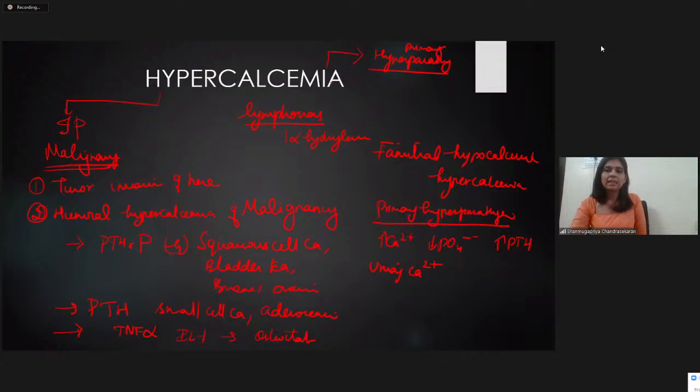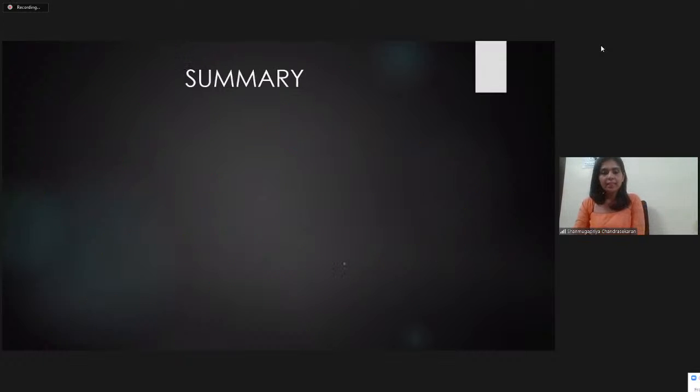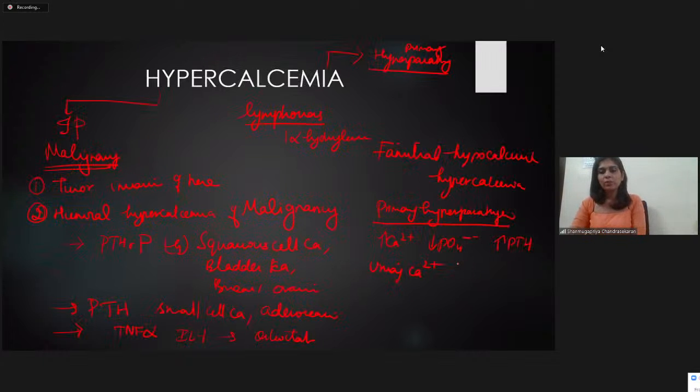On the contrary, even in primary hyperparathyroidism, the calcium level in urine is high, and that is why primary hyperparathyroidism presents with renal stones.